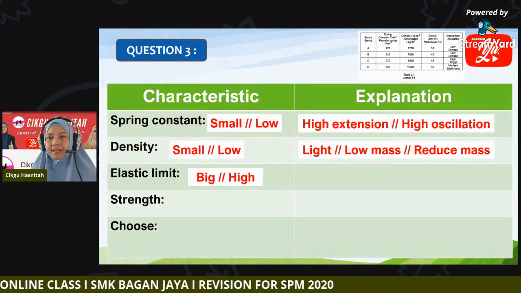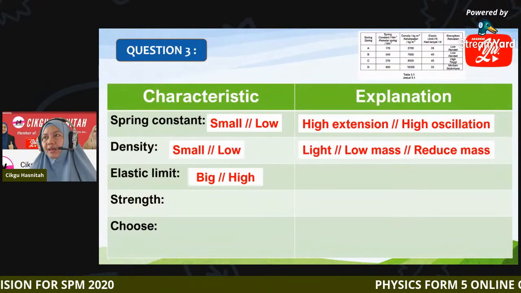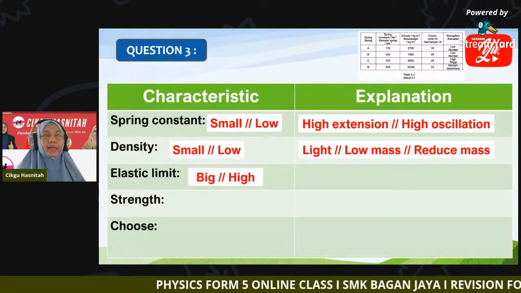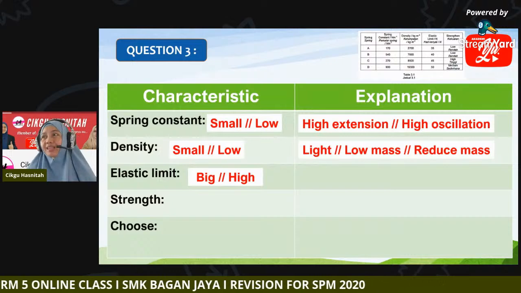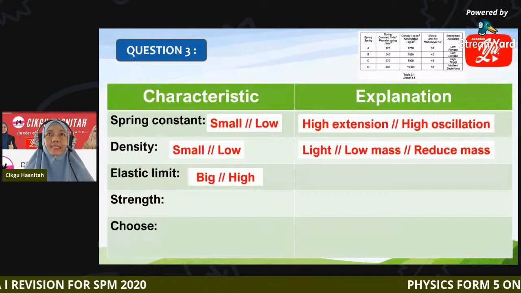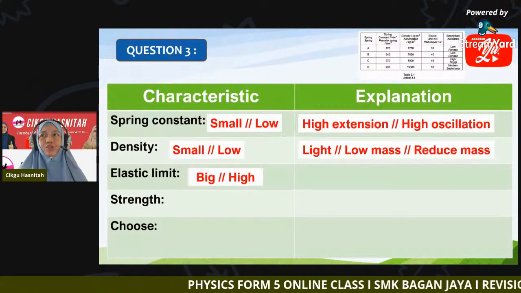Why do you say the elastic limit must be high? Okay, Wei Liang, you don't say more than 40 Newton. That is not acceptable in this answer. Never mention the quantity.